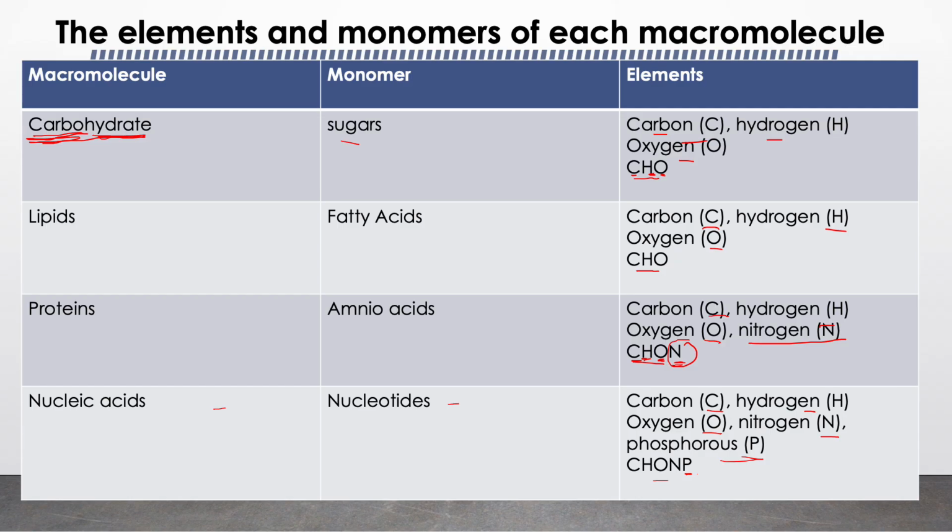If you remember carbohydrate, lipid, protein, nucleic acid, all of them have carbon, hydrogen, and oxygen. Proteins are going to have nitrogen, and then your nucleic acids are going to have nitrogen and phosphorus.